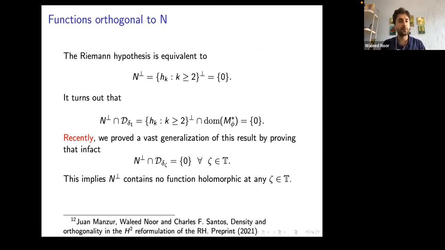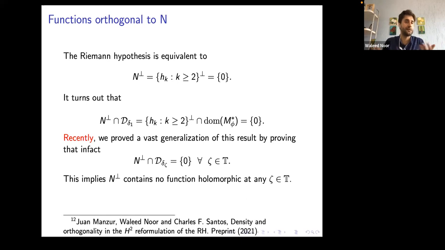It turns out that using this theory of unbounded Toeplitz operators in this context, we could show that N perp intersected with this local Dirichlet space is actually trivial. What that means is, of course, not that N perp is trivial, but since this is a dense space, in fact quite a large space, it doesn't intersect with N perp. That means N perp does not contain these functions.